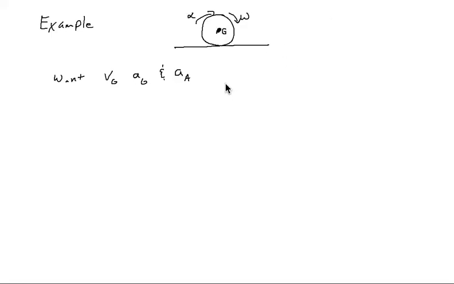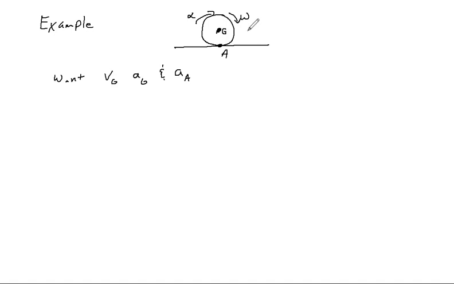Hello. So in this example, I want to go through in more detail the motion of an object which rolls without slipping. And we're going to work this out symbolically.